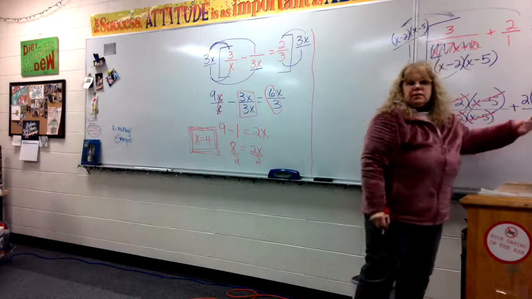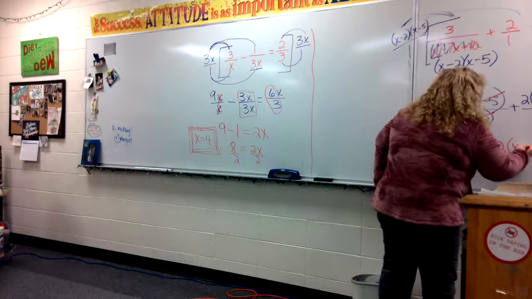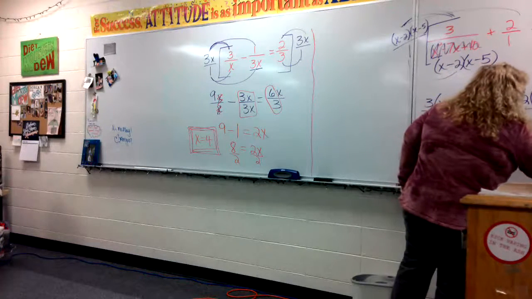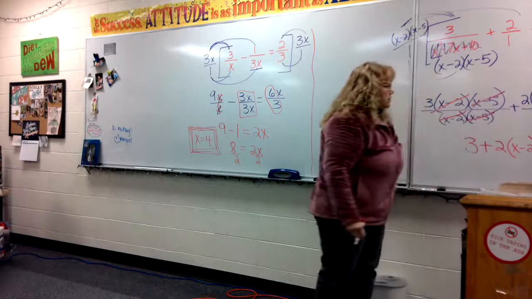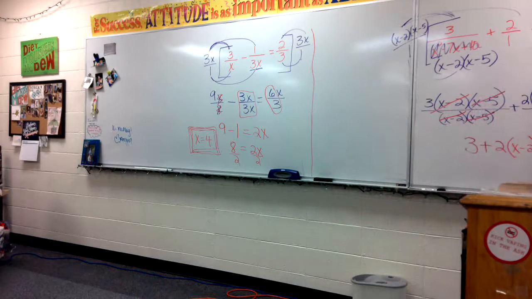Unfortunately, this one, nothing cancels. X minus 2, x minus 5 equals the last one. At least the x minus 5's cancel. So I have x minus 4, x minus 2.